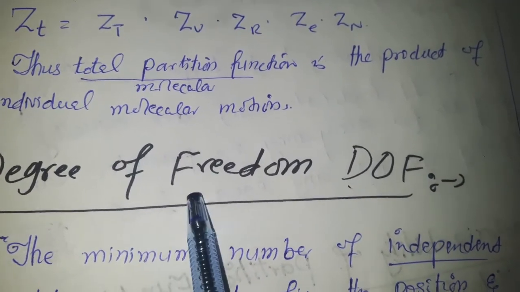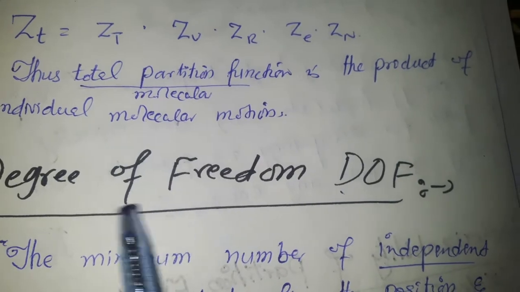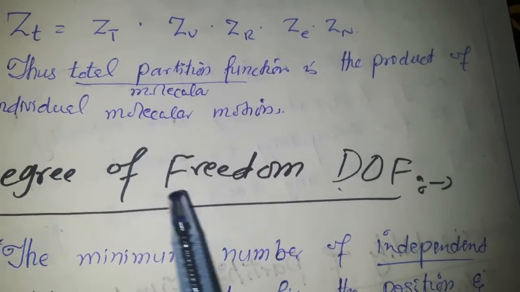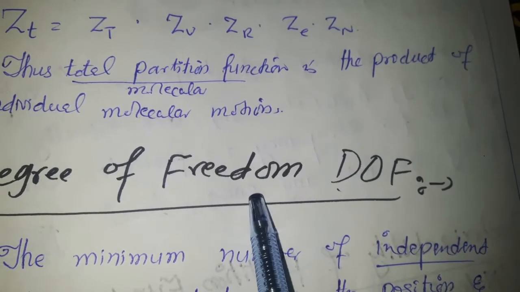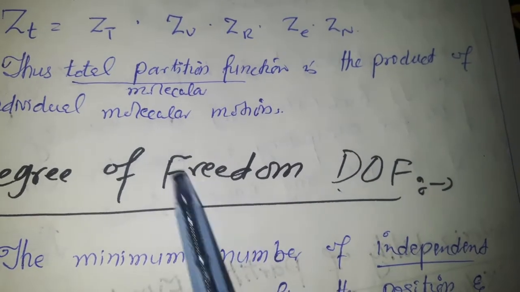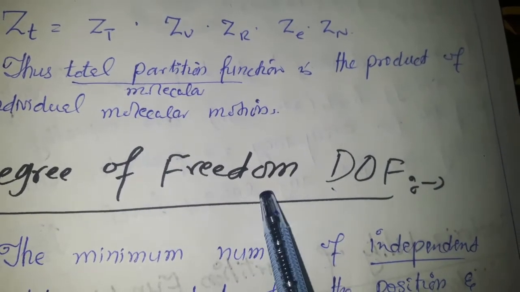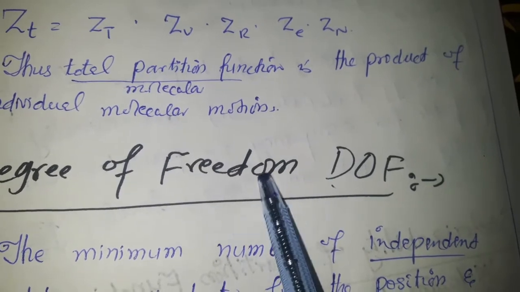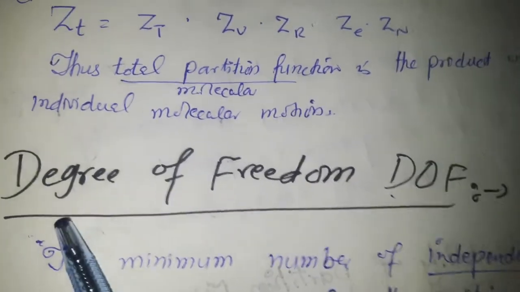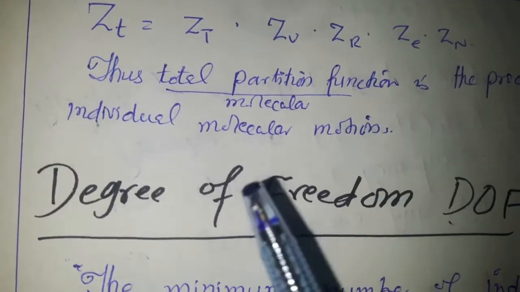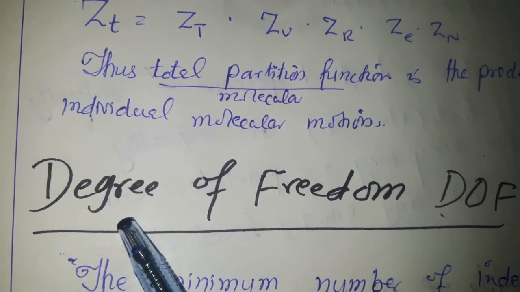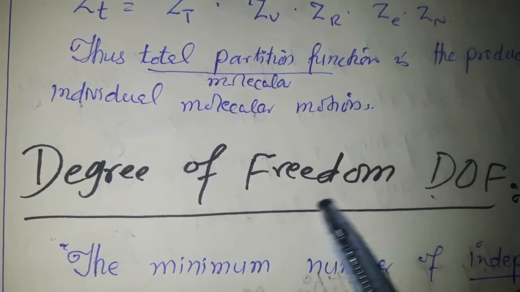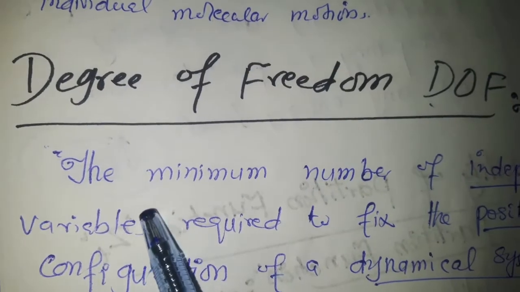It comes from two words, degree and freedom. Freedom is how much freedom is available for a particle or any entity to move, and degree shows how high or low this availability is.